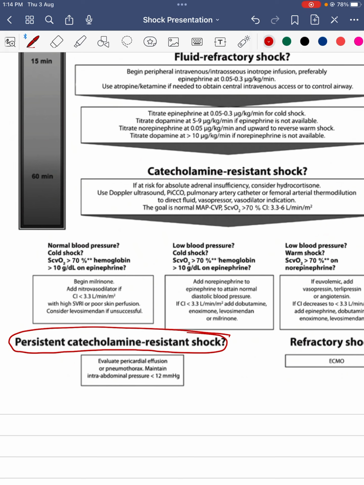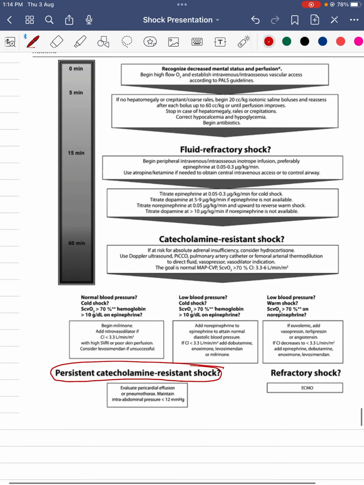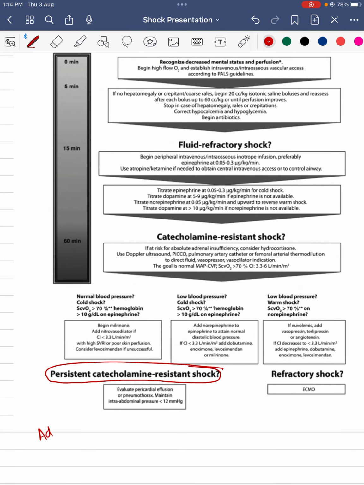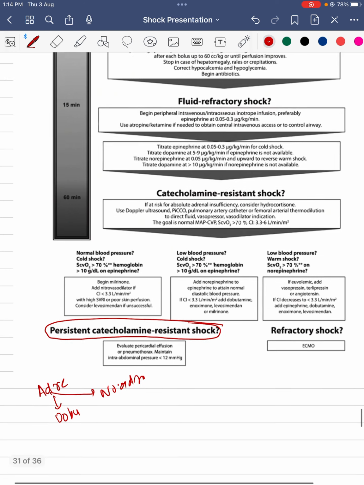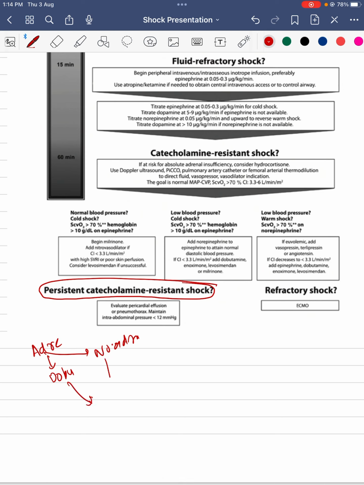This much clear? So after dobutamine or noradrenaline, if the child is still not improving, it is called persistent catecholamine resistant shock.